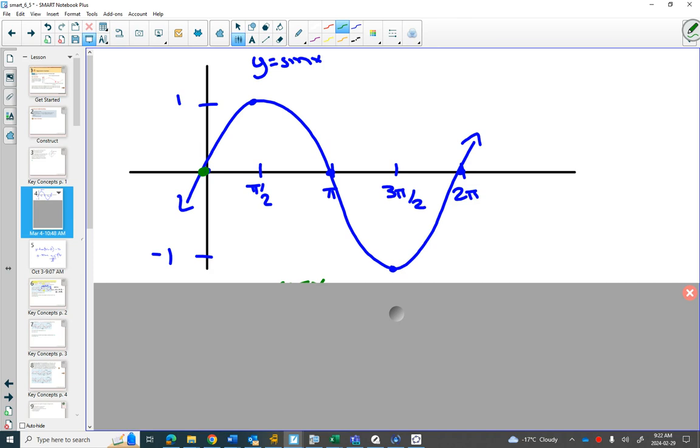When the angle is 0, sine of 0 from my axes family is 0. When I get to pi over 2, sine of pi over 2, my y-coordinate is 1. When I get to pi, I'm back to 0. At 3 pi over 2, my y-coordinate is -1. And at 2 pi, my y-coordinate is back to 0.